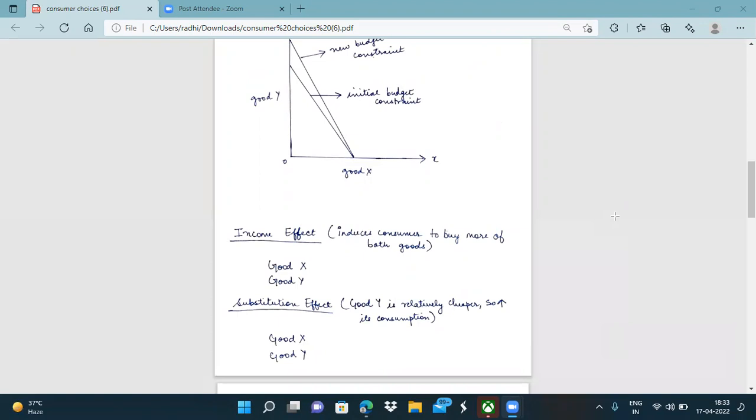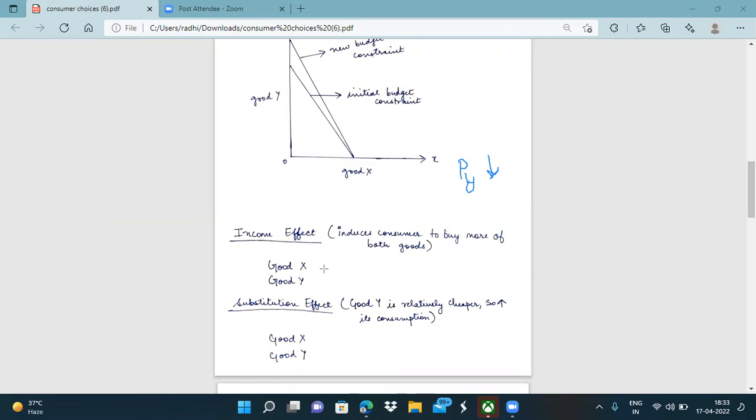As the price of good Y has fallen, which we have seen above, the real income of the consumer has increased because the price of the good has decreased. So the consumer would like to buy more of both the goods.